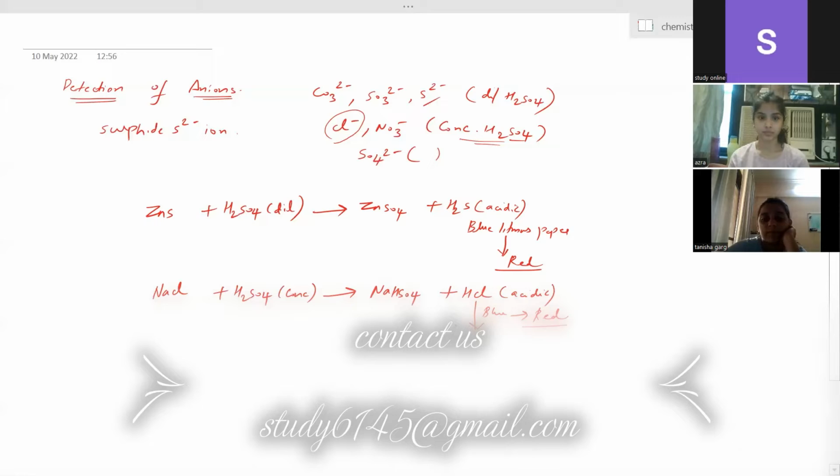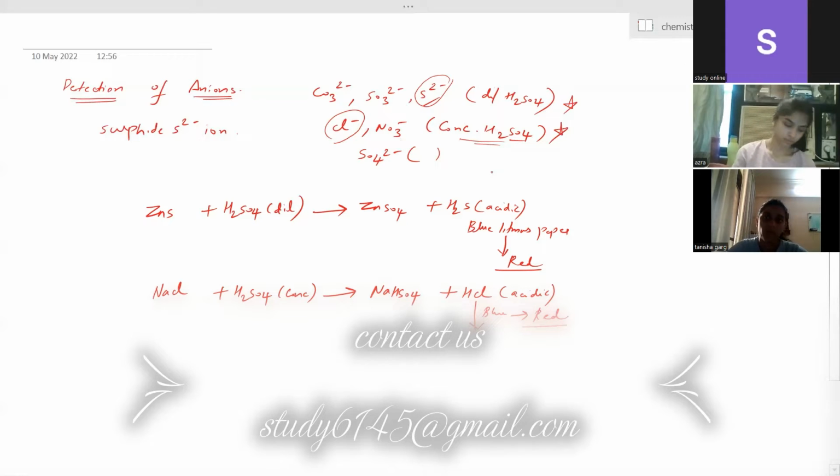Clear? So by chance, if they ask how you will distinguish between sulfide ion and chloride ion, you can tell them that sulfide ion reacts with dilute H2SO4, and chloride with conc H2SO4. Just write down, this is very important.